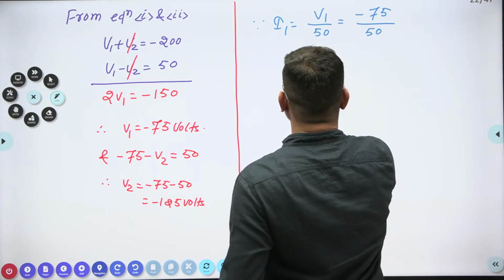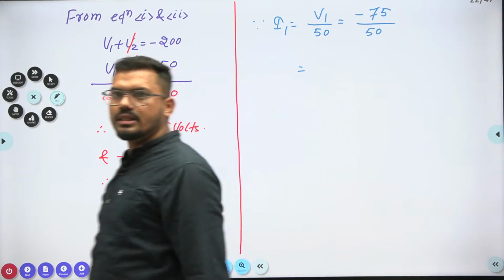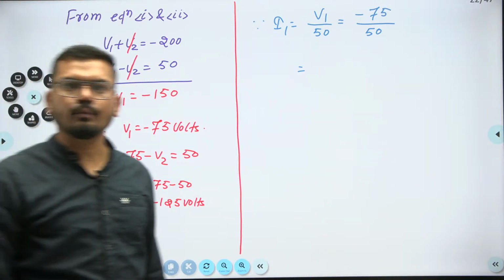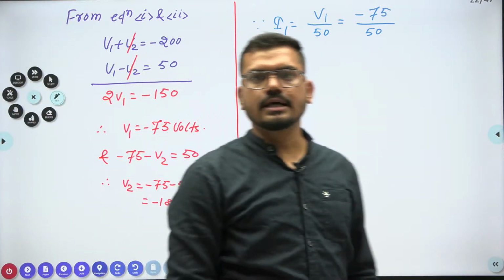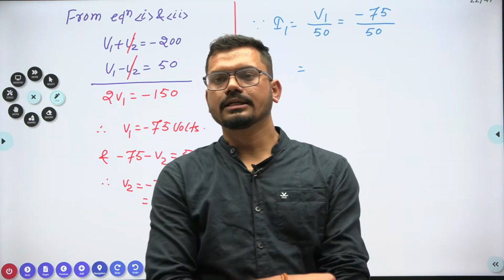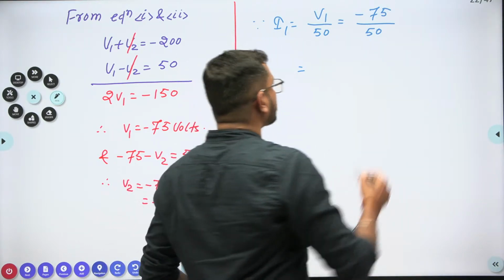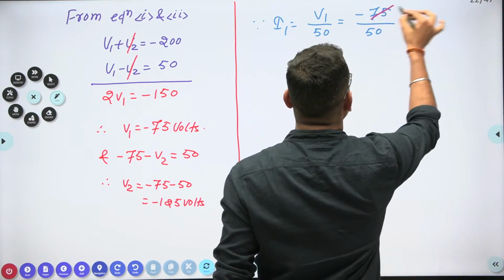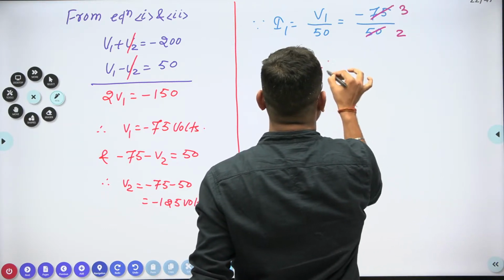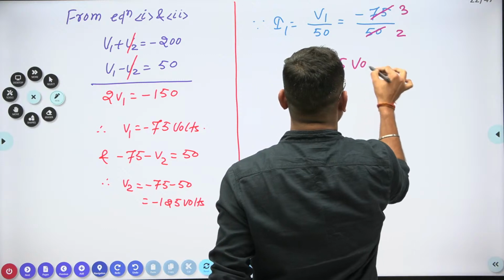Okay, so just tell the value, guys. Is it minus 1.5? Is this correct, yes or no? So this is 3 and this is 2. So we can write minus 1.5 amperes.